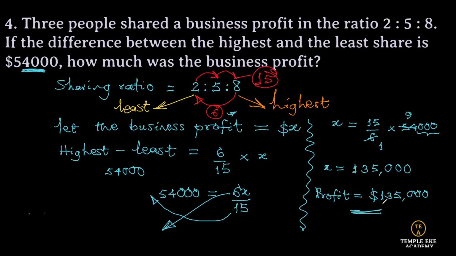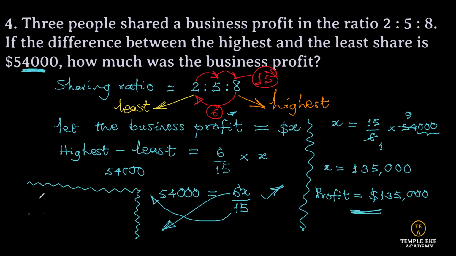Very simple. So notice this main point here: how to set a variable free when a fraction is a coefficient. Simply multiply both sides by the reciprocal of that fraction. 15 goes up, 6 comes down. Or you can take a step further if you want, but that's not as smart as this.